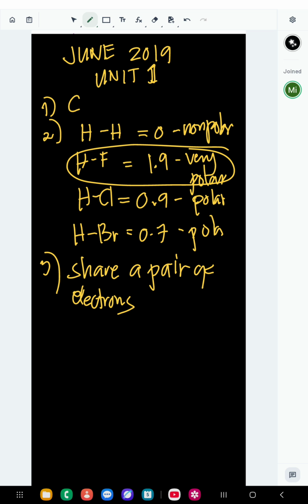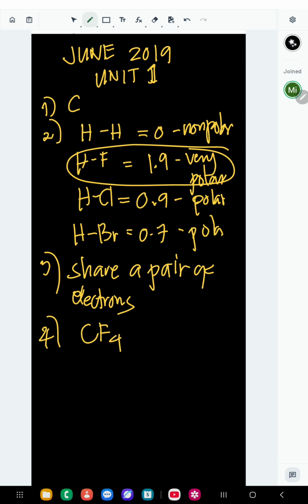Then for number 4, which is correct for tetrafluoromethane, CF4? Bonds, polar, molecule, polar. Okay, so we're given here the molecular structure of tetrafluoromethane, CF4.